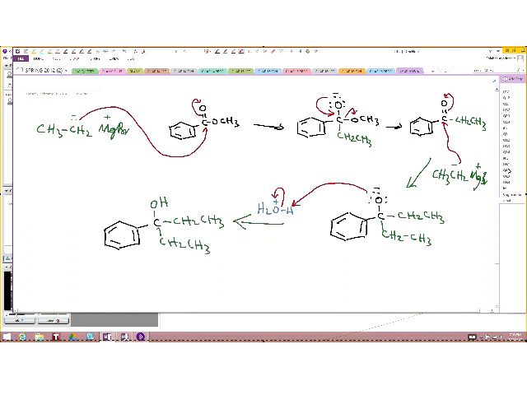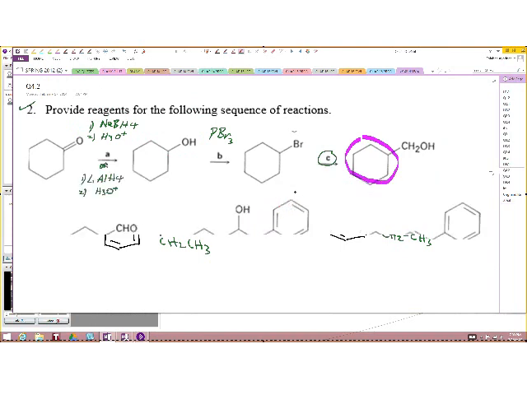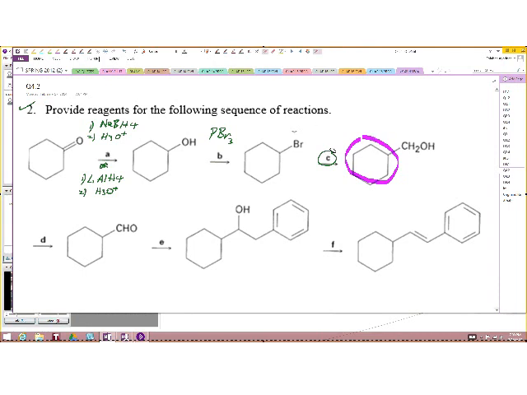Okay, so let us go back to question number 2. What is the reagent we need for here? What will be the Grignard here? Cyclohexyl Grignard, exactly.